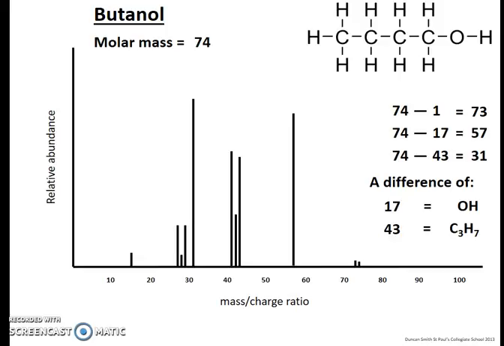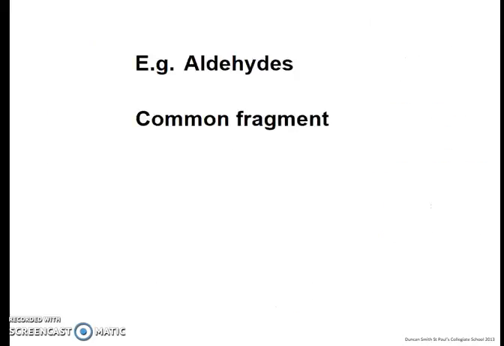So the more we look at the structures, the more we become familiar with it, the more information the mass spec can tell us. It is a matter of familiarity. It is time consuming to get used to it. Mass spec can be very complicated, I should say.